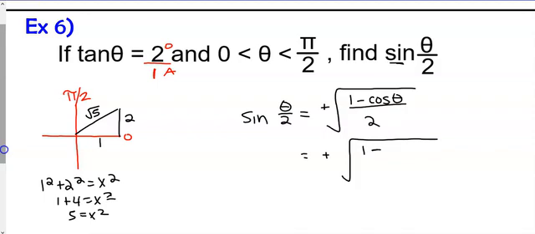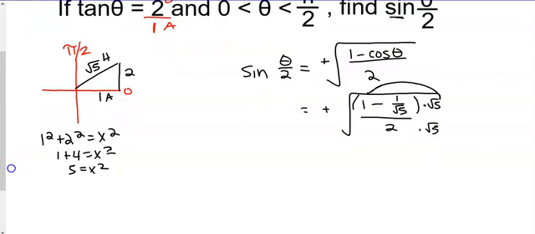In our case, cosine would be adjacent over hypotenuse, so 1 over the square root of 5, all over 2. How I would deal with that is to multiply everything by this icky denominator, square root of 5. Distribute that out, and those cancel, and you're going to end up with the square root of 5 minus 1 over 2 root 5.